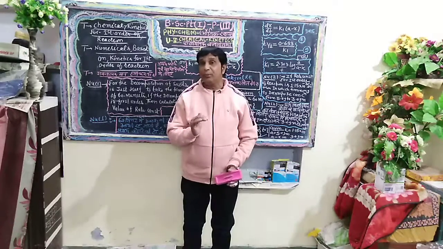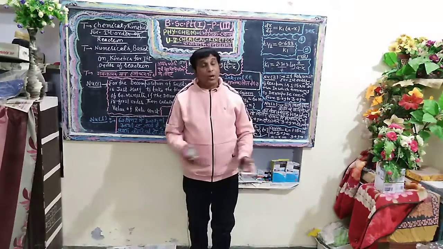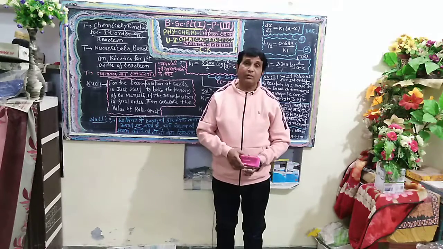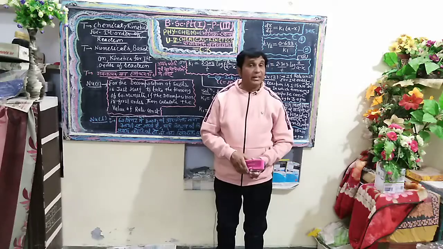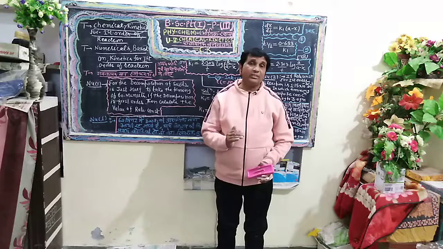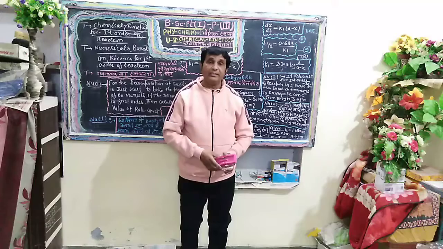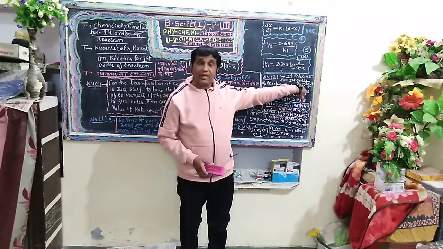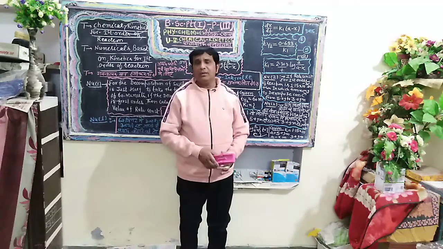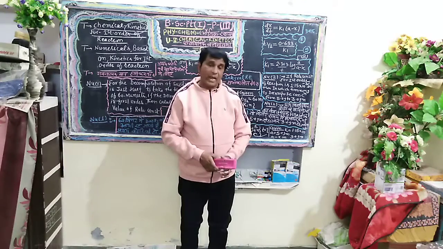In our previous video, we calculated the definition of first order of reaction along with velocity constant and its unit and dimension: the dimension of the first order rate constant is time inverse, and the unit is second inverse, minute inverse, hour inverse, year inverse, month inverse or week inverse, corresponding to the timing.